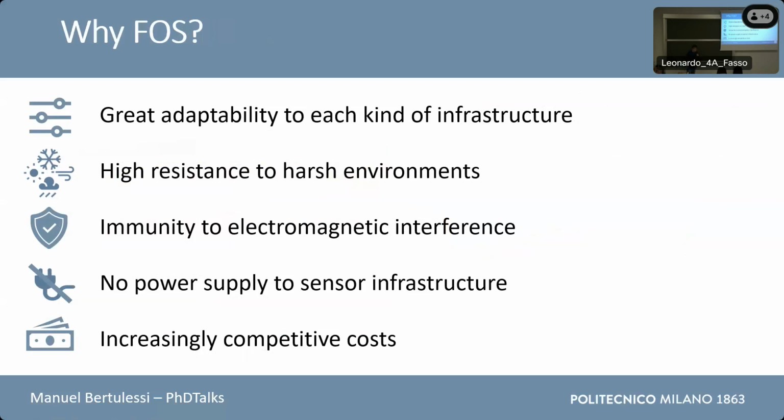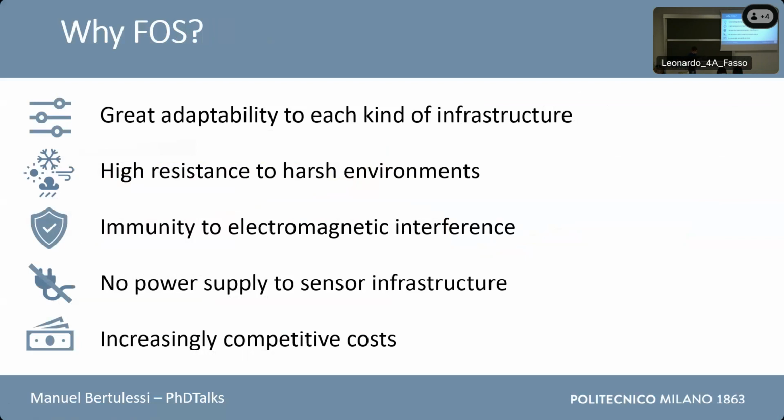This is a very important feature when you have to install a monitoring system in a very complex logistic environment. Then we have the absence of power supply. No power supply is needed for the sensing infrastructure, but only for the interrogator device that can be installed remotely.